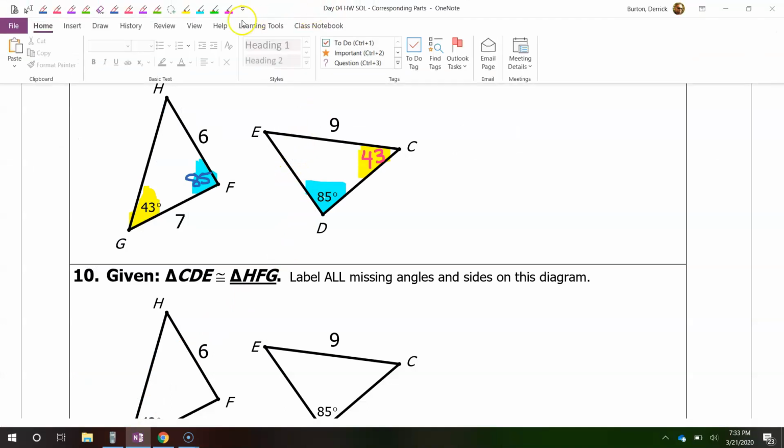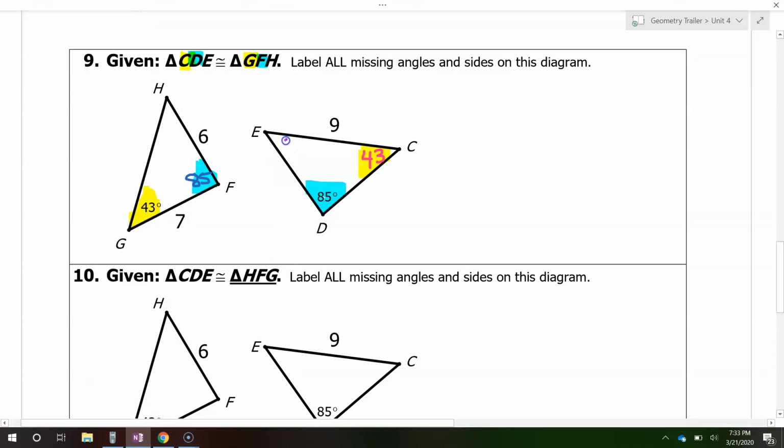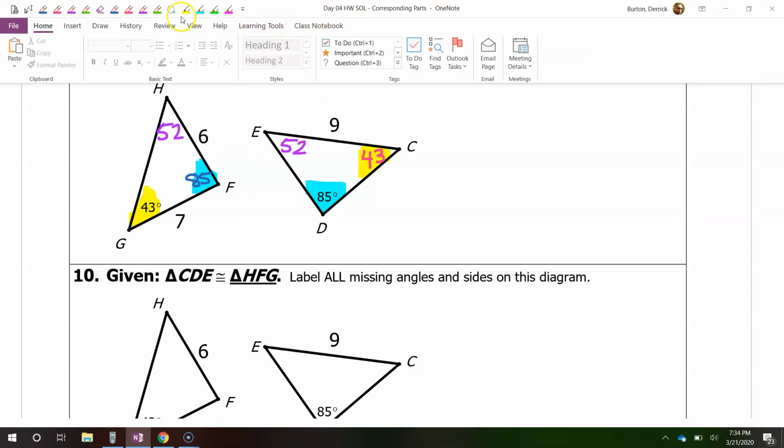So the missing angle is 52, which means both of these have to be 52. Okay, so we found all of the missing angles. Now, let's find the missing sides.